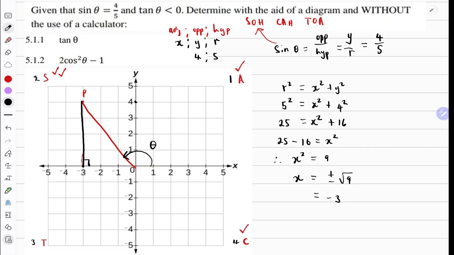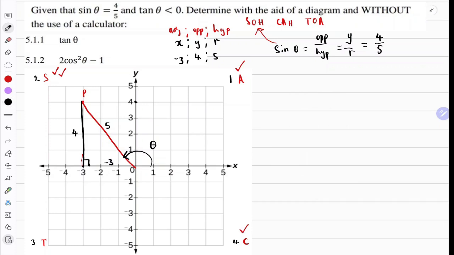So for clarity, we can just label the different parts of the triangle. The hypotenuse is 5, the opposite side is 4, and the adjacent side is -3. So now we can find tan theta.